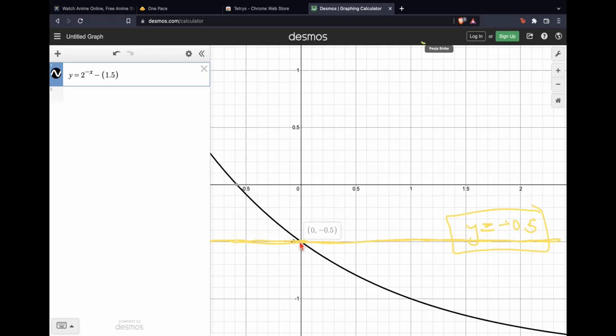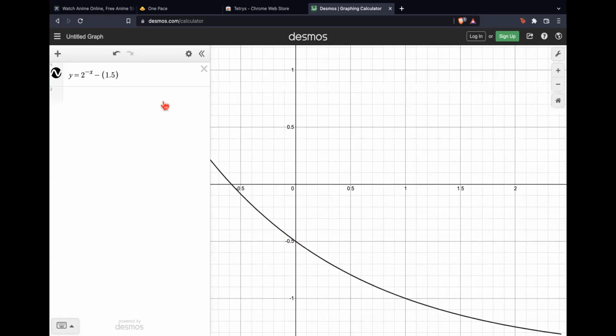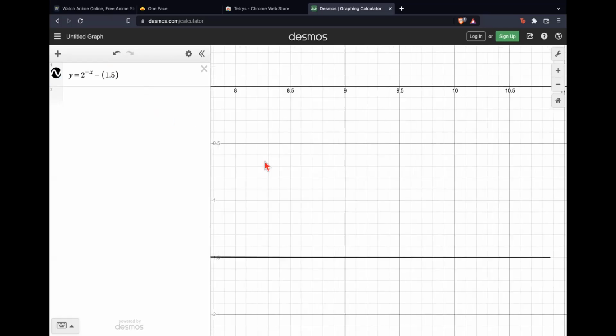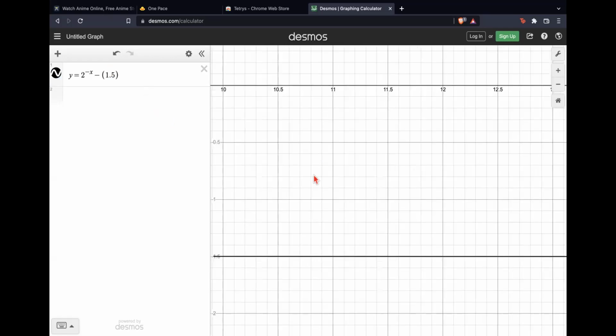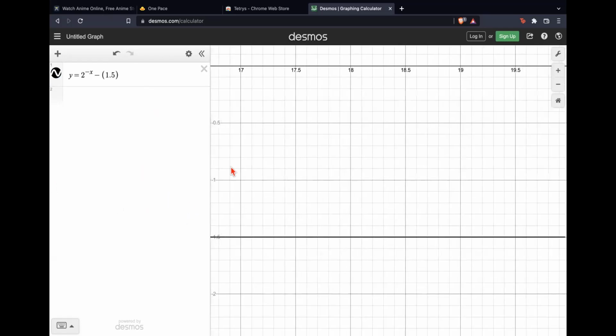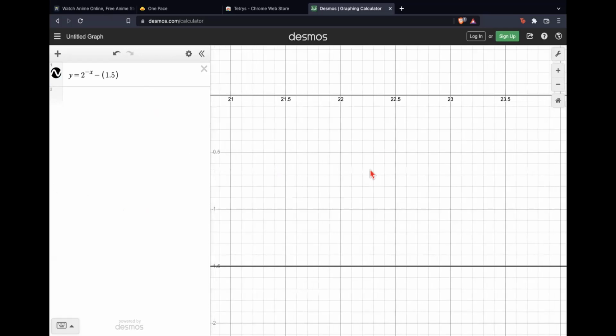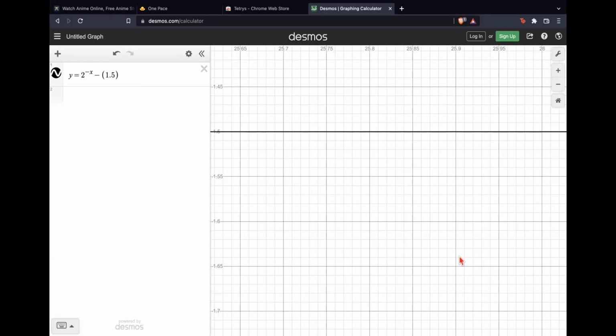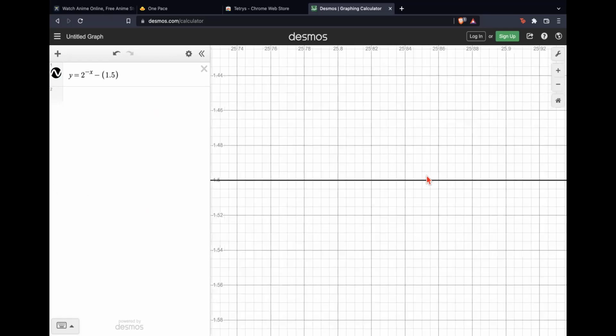Did you understand? Is it clear now? Arsh, Arya? But then Arya, wait, can you go a little bit to the right? Yeah, miss. So the asymptote is minus 1.5. One second. Is there actually a minus?